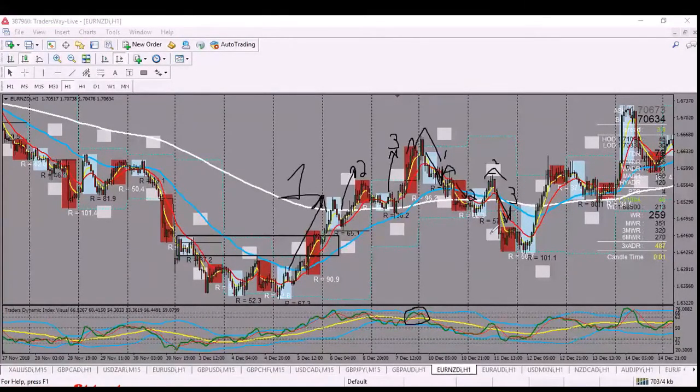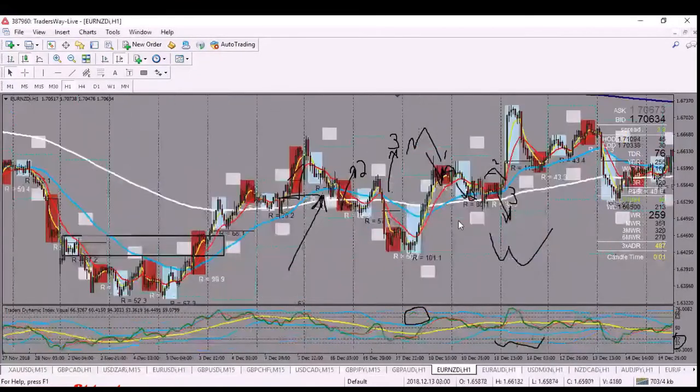And then W formation. Look at the TDI outside the volatility band and back inside at 37 and 32. This one right here was at the 68 and 63. Right? So I hope that you guys understand this.